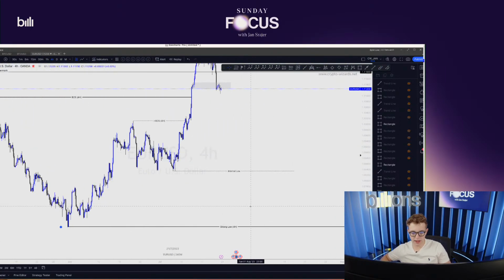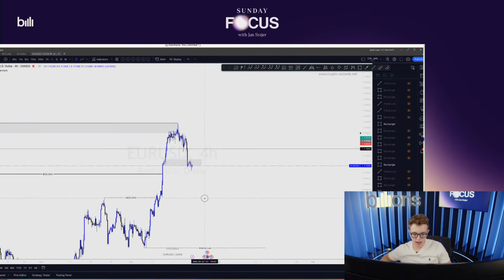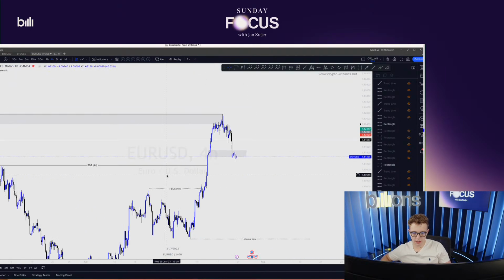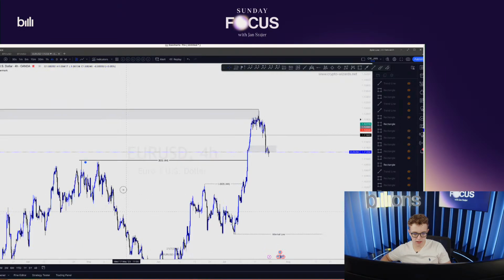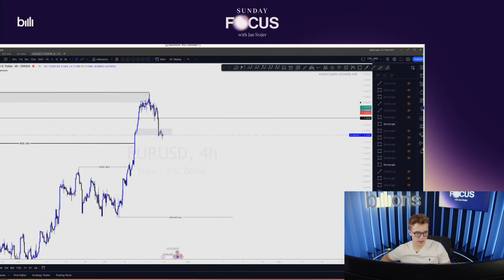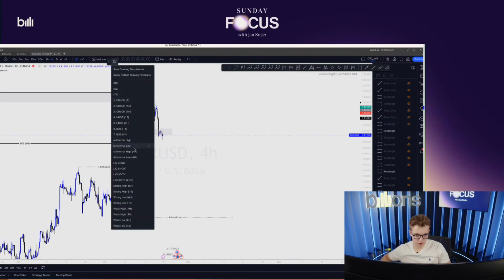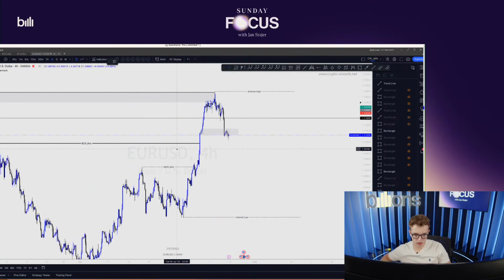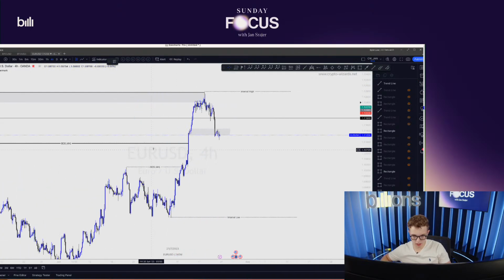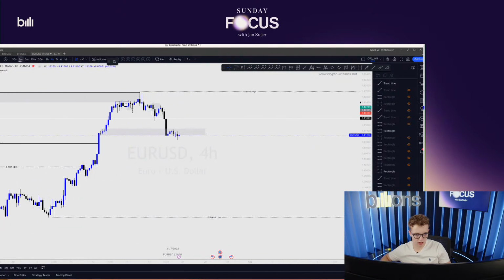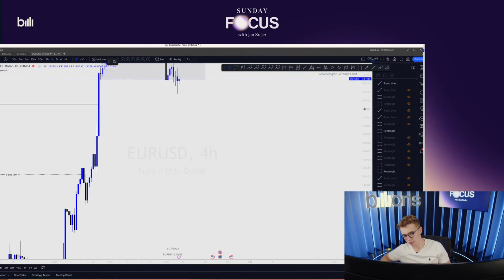The structure that we are paying attention to: strong low, and this is basically an internal high right now. I think the 4-hour supply is pretty clear.